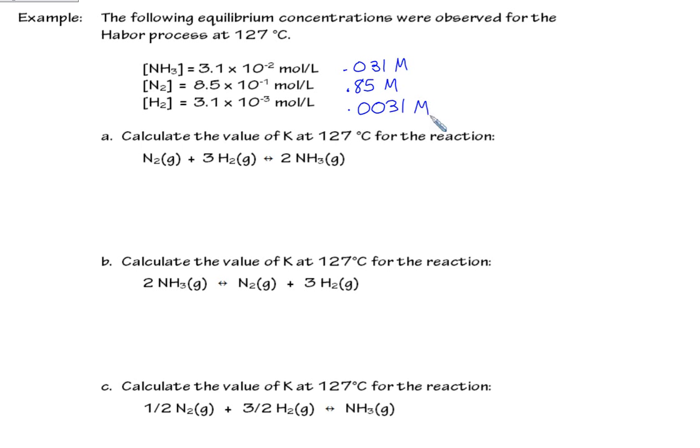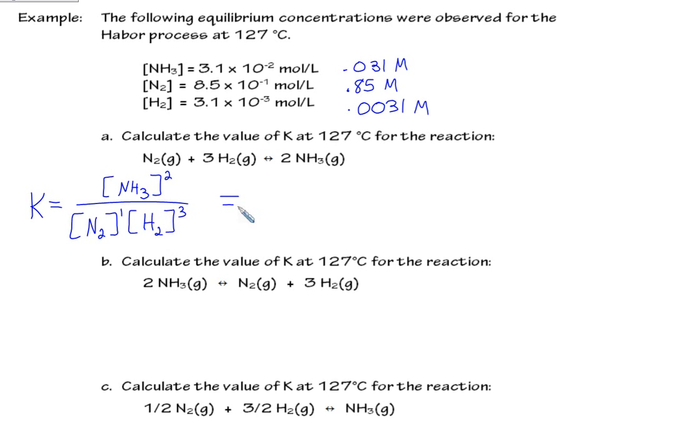Okay, so all we do now is set up the equilibrium constant expression, and then we sub in the numbers and solve for K. So easy. So let's go K equals products over reactants. My product is the ammonia to the 2nd over reactants, nitrogen to the 1st and H2, hydrogen, to the 3rd.